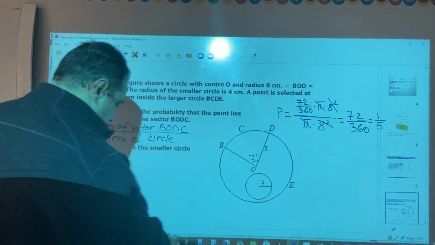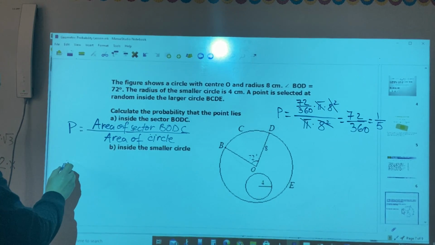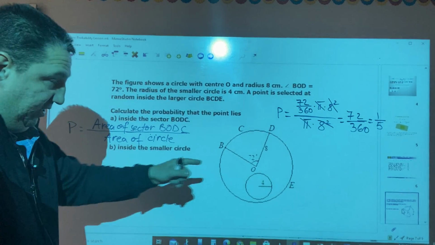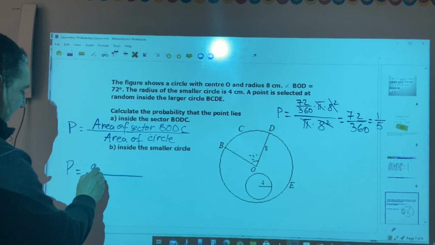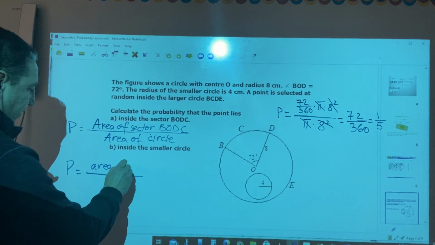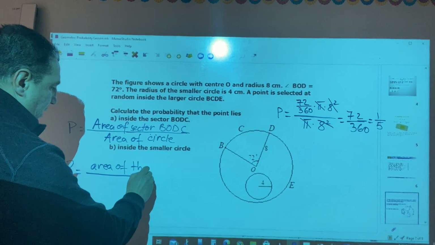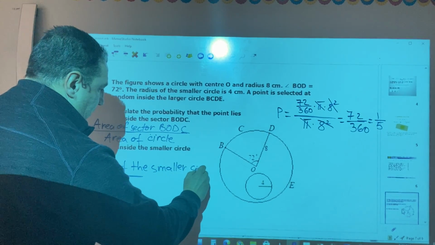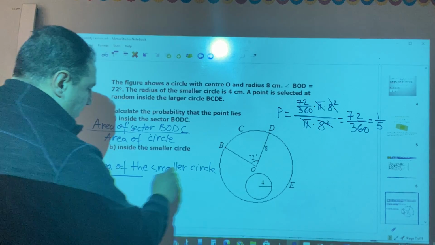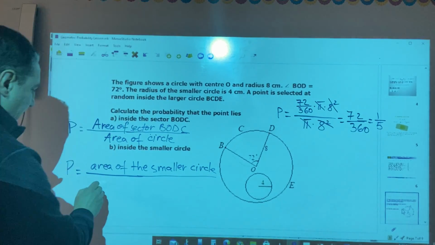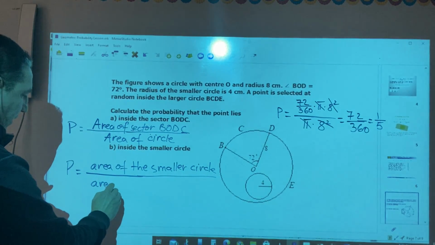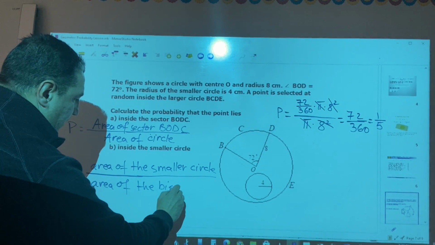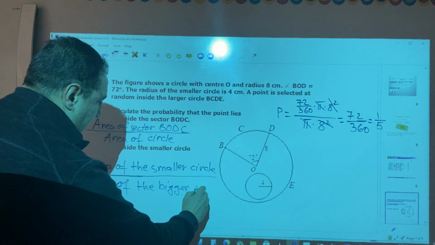Yes? Now, the probability of having a point inside the smaller circle is the area of the smaller circle over the area of the bigger circle.